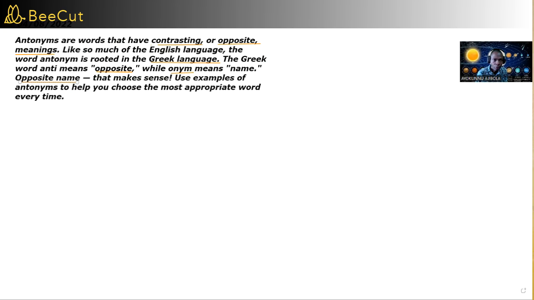Because the English language is wide and complex, we may disagree about which words actually have opposite meaning. However, there are many types of antonyms we have to look at. First example is complementary antonyms.